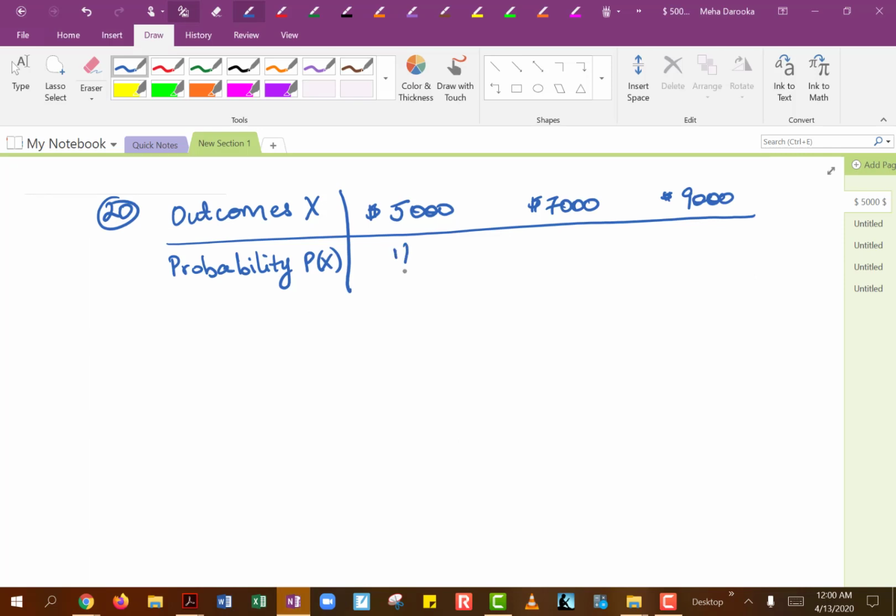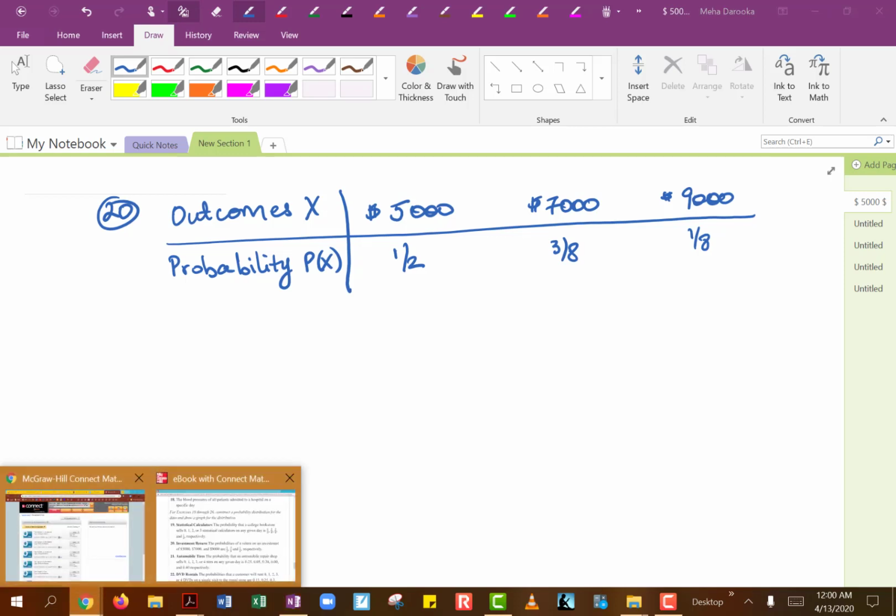So of course you can see each one of those probabilities is going to be between 0 and 1, and then when we add our probability row, it's going to add up to 1, so it satisfies our probability requirements.